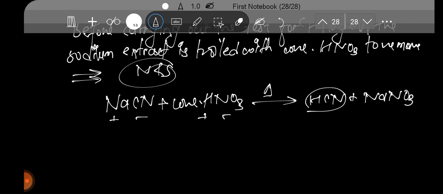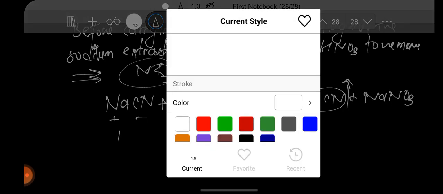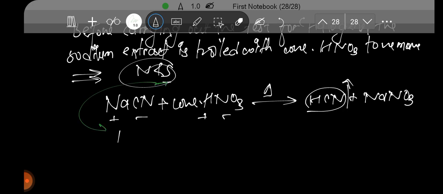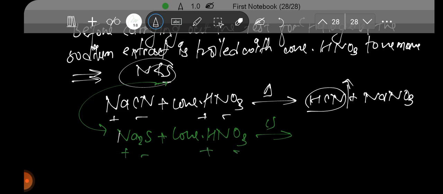This HCN is volatile and it can be taken out; it mixes into the surroundings. Likewise, if there is sulfur, then Na2S plus conc HNO3 gives hydrogen sulfide, which is volatile, plus NaNO3.